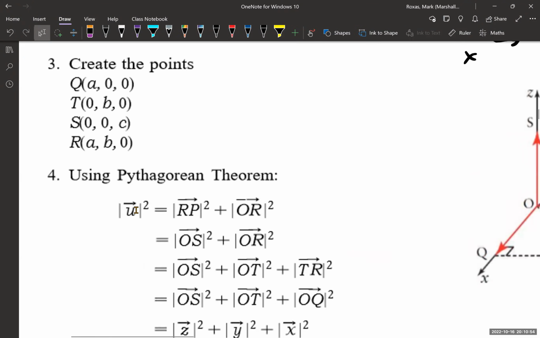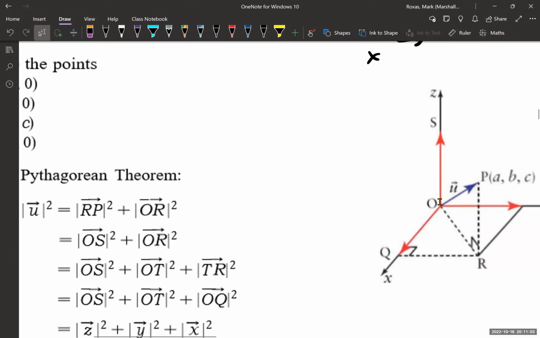So u squared is equal to the magnitude of the vector from R to P squared plus the magnitude of the vector from O to R squared, right? So O to R and R to P. And then you can further break this down, right? So what if I said, instead of R to P, what's a parallel vector to that? Well, I have one of these vectors here that lies along the z-axis. R to P is parallel to the z-axis because I said I dropped a perpendicular, and z is perpendicular to both x and y.